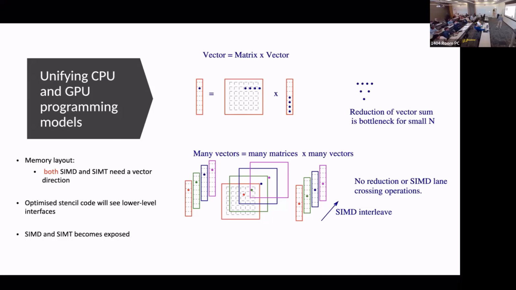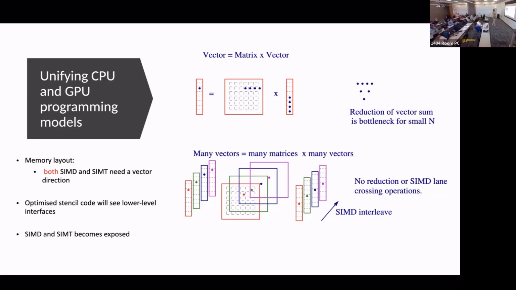Unifying CPU and GPU. If you think about doing matrix times vector and ask how do you vectorize this, if you're doing vector operations, even if you've laid it out right, so you have vector times vector, but you're doing matrix times vector, you have a reduction. Each of these multiplies involves a reduction across the results: you multiply one vector by another vector, element by element, but you still have to do some kind of reduction along the vector, which is going to be a bottleneck.